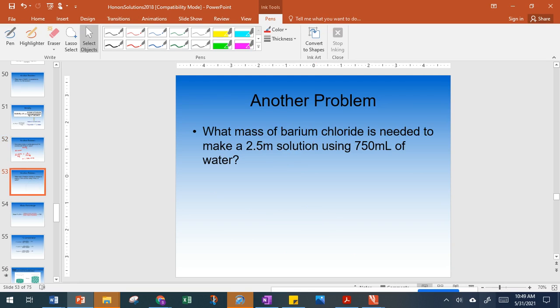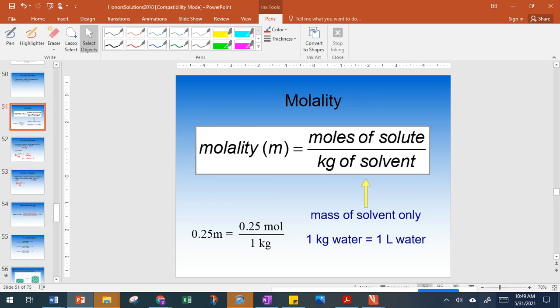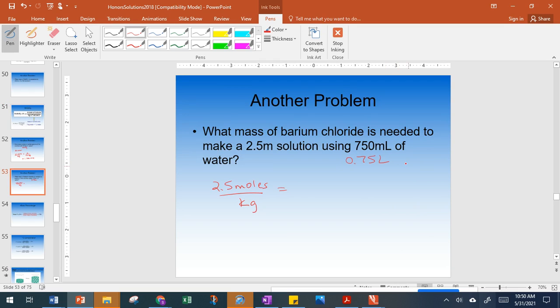Let's look at another one. Here we have: what mass of barium chloride is needed to make a 2.5 molal solution with 750 milliliters of water? So here we have our equation, 2.5 molal, so that's moles over kilograms, is equal to X over, and we have to remember that this is 0.75 liters, and 1 liter is equal to 1 kilogram, so that's 0.75 kilograms.